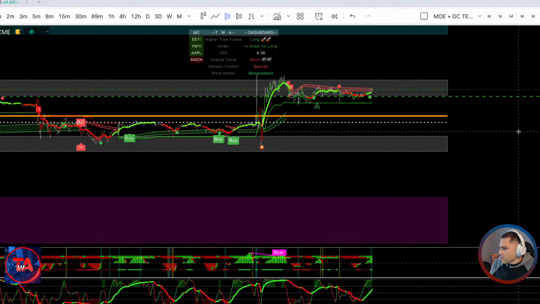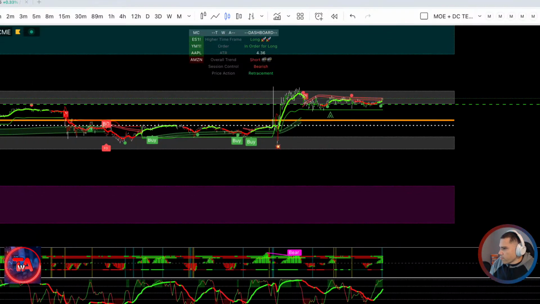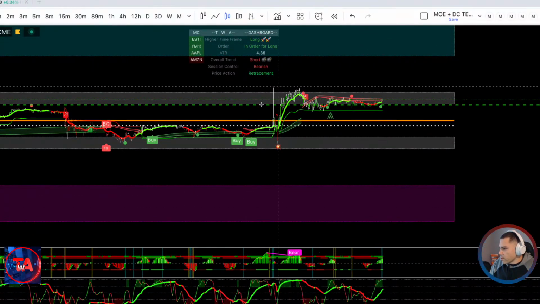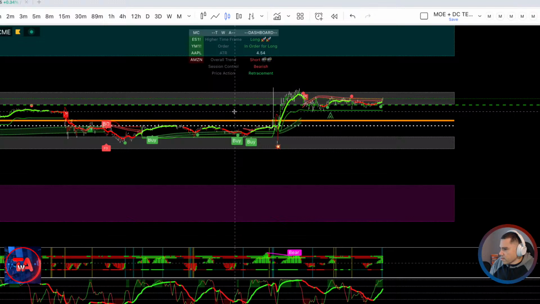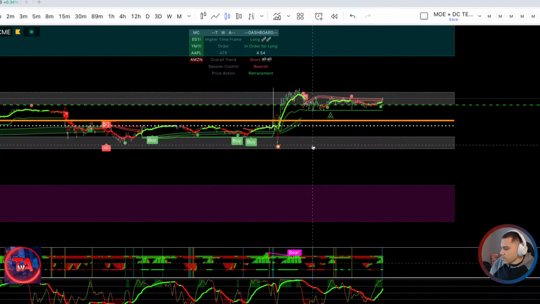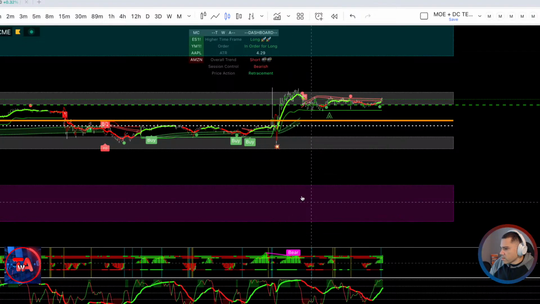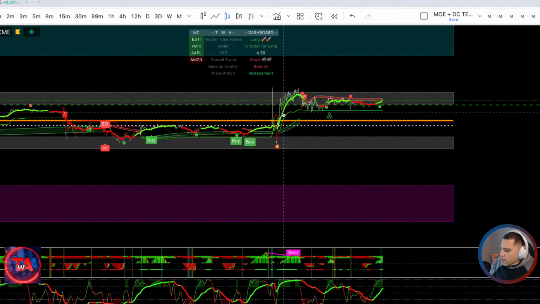Context wise, let's just look at this beautiful 4-hour forecaster indicator right here. The top is super expensive. The gray box is expensive. This is the 4-hour close, the previous 4-hour close. This is the cheap box, and this is the super cheap box.